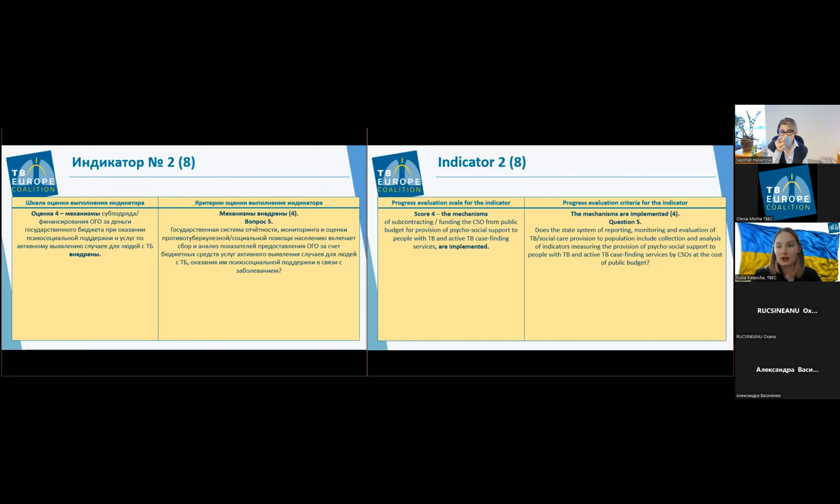Of course, CSOs independently will not do this exercise themselves. Key coordinator is the NTP, national program.